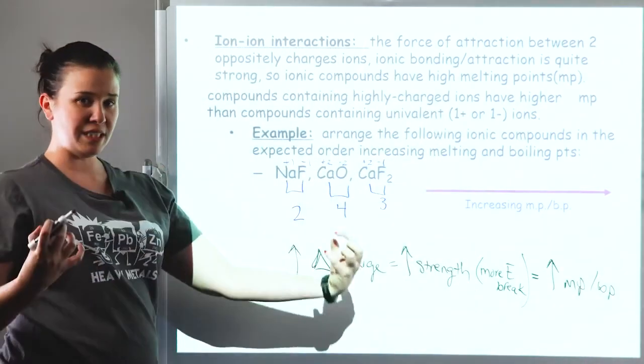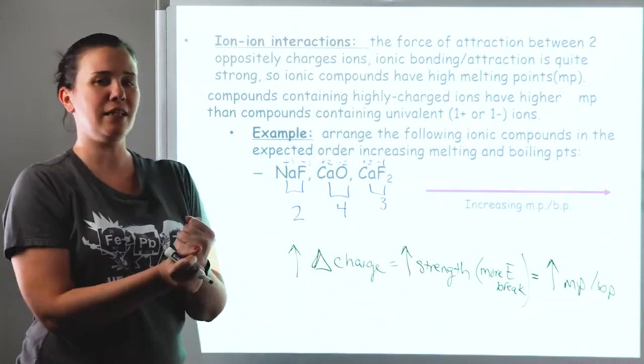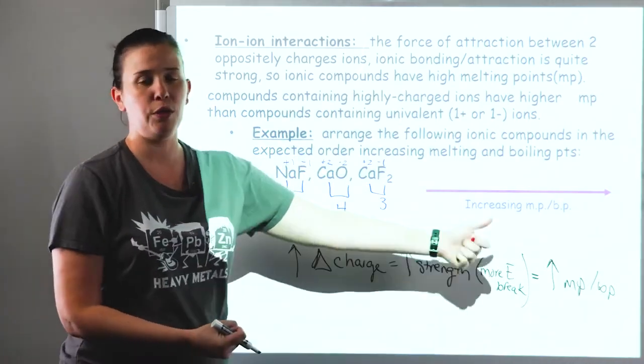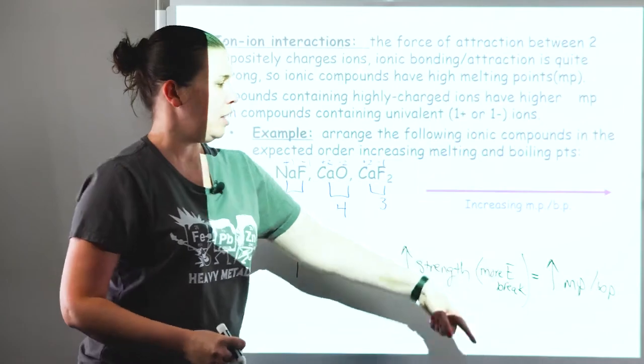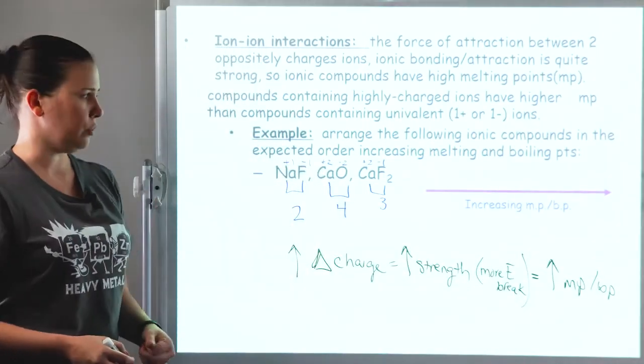So the more different it is, the more tightly it'll be held together, the more energy it would take to break it up. And that's going to lead to the higher melting and boiling points.